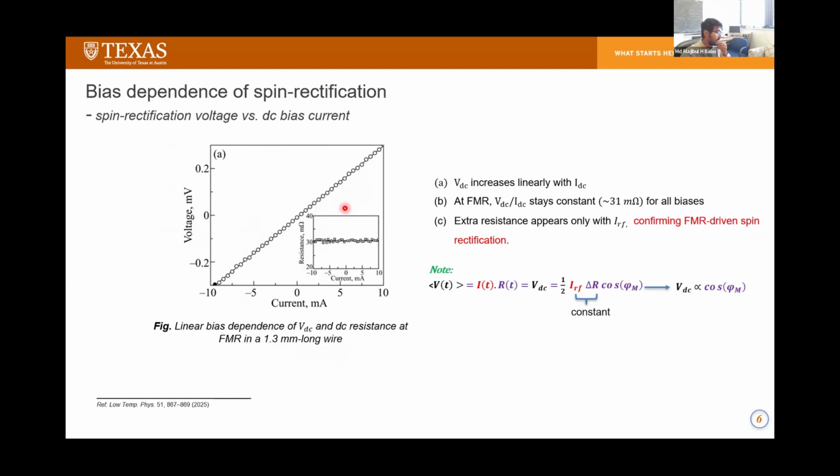By the way, each data point was obtained from a single FMR measurement, taken at a specific DC bias current. Now you can see the extra resistance stays constant at around 31 milliohm, which means that the extra resistance at FMR does not depend on the DC bias current.